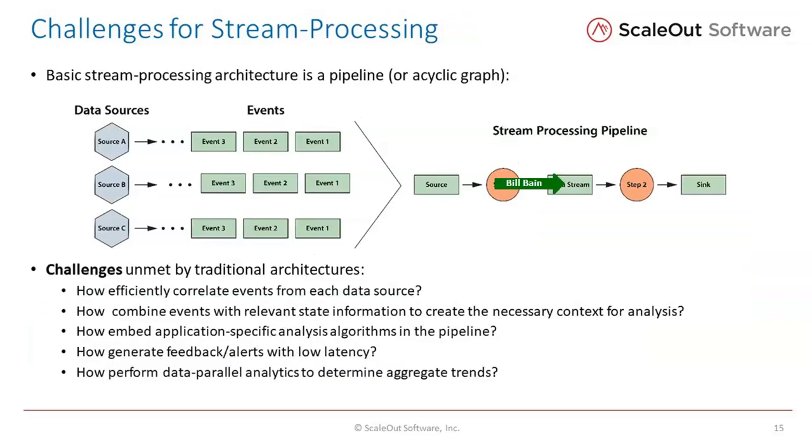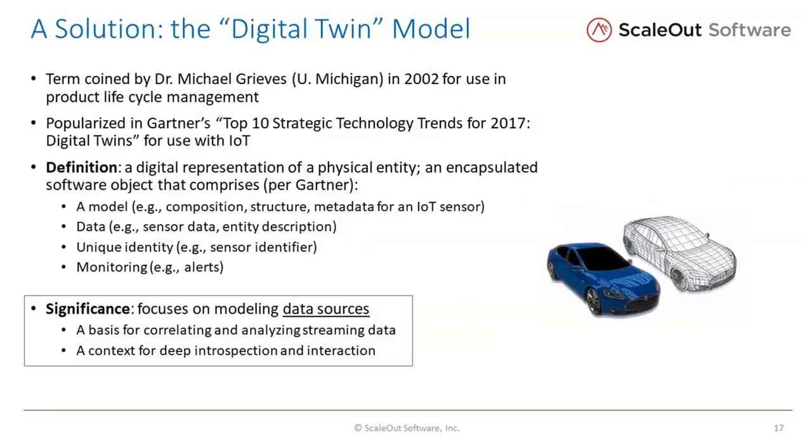So the event stream is the center point of the software architecture and the design. And notice you have data streaming from many data sources, but the data sources are not first-class citizens in the stream processing pipeline. Tracking data sources must be done by the application explicitly. Whereas in the digital twin model, the data sources become first-class citizens, and the events or telemetry becomes an artifact of the data source which can be analyzed.